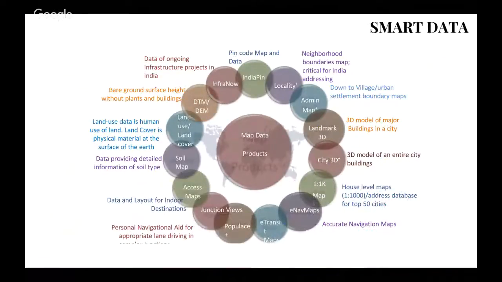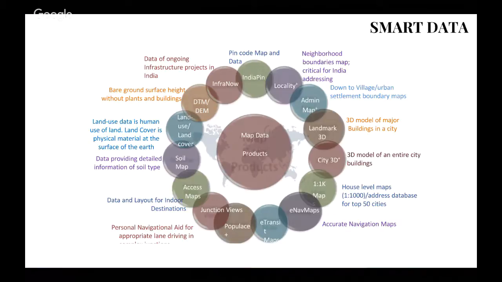The next screen shows another platform of ours called Smart Data. These are the various data sets we have. When we create a visual solution that uses Google Maps as a base layer, you need a lot of data layers on top of it. Google acts like an image for us, but we need to create different data layers to visualize separately and do analytics.